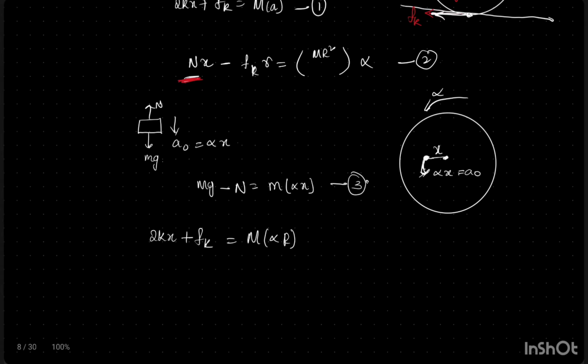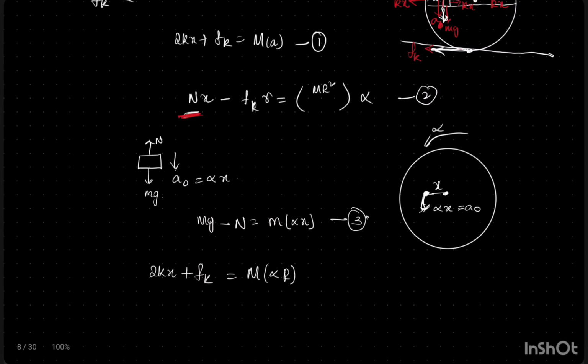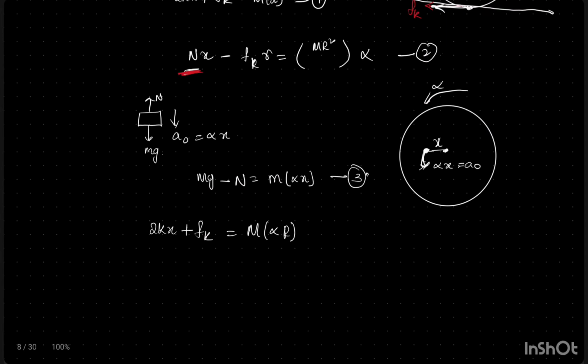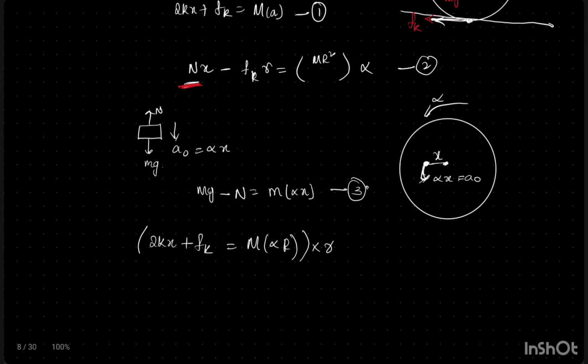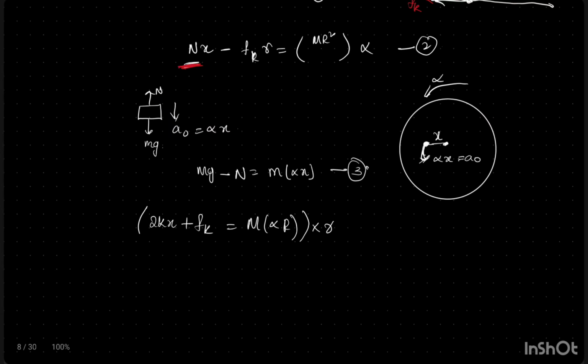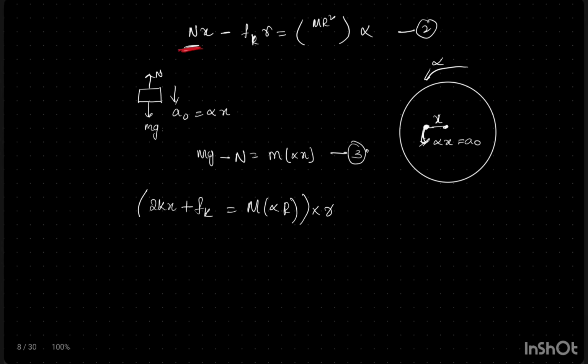So yes, we can take friction. Let's multiply both sides with r and add it with equation 2, then the frictional force will be cancelled. So 2kr plus fk into r equal to m alpha.